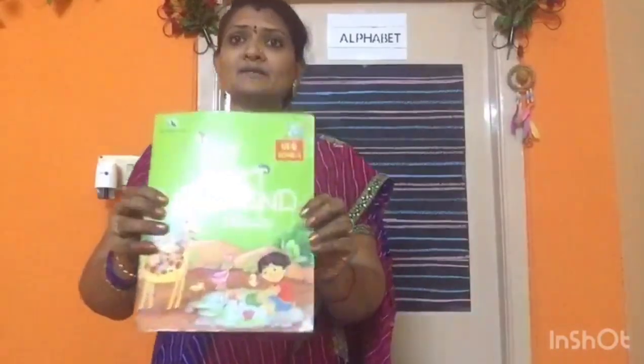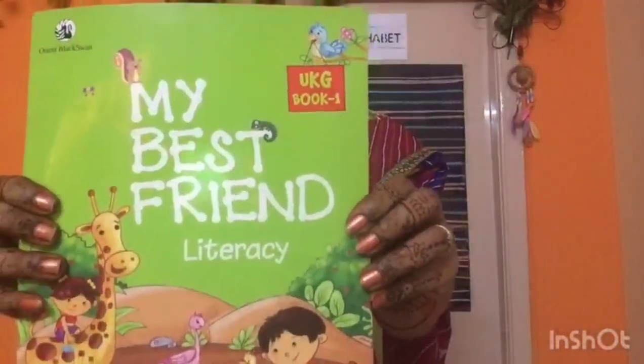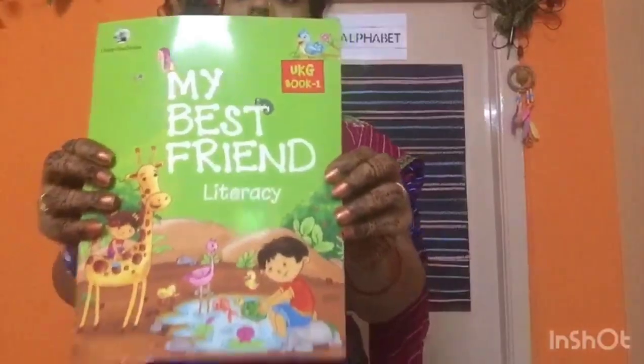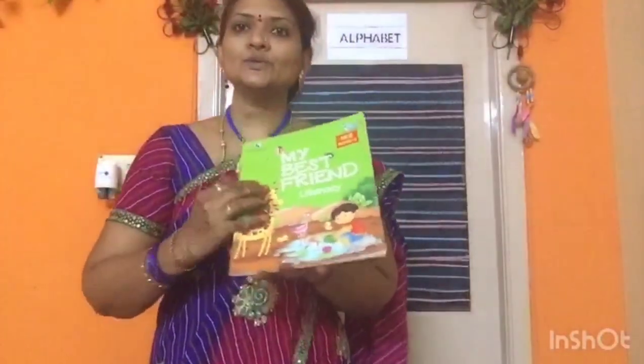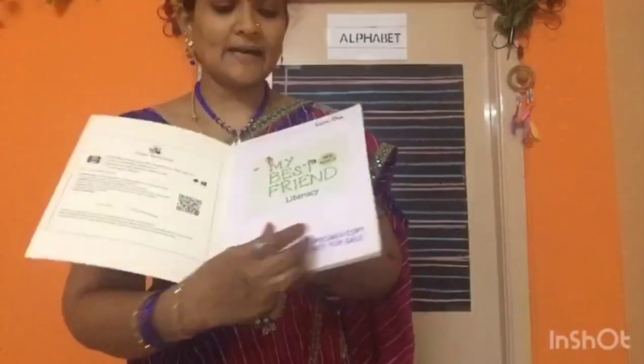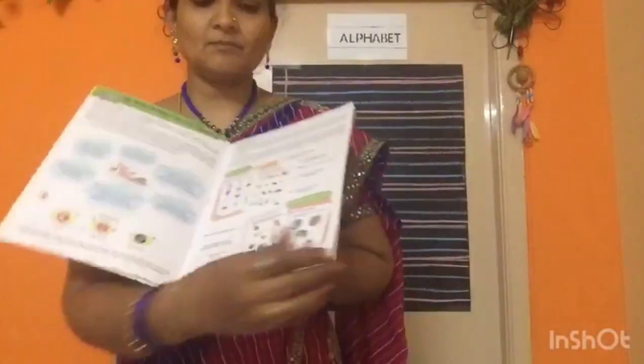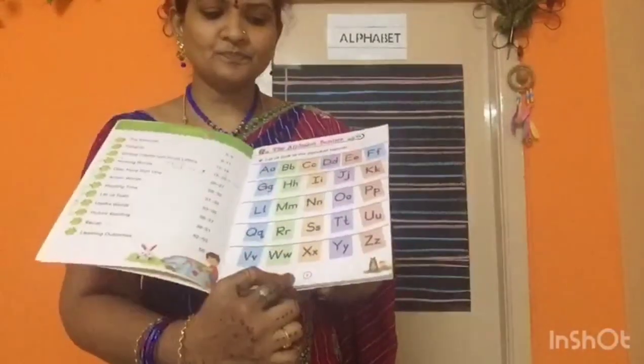As well, in the same book set, you can see book 1, literacy, book 1, my best friend literacy book 1. In this, you need to make your child practice the page numbers from 5.